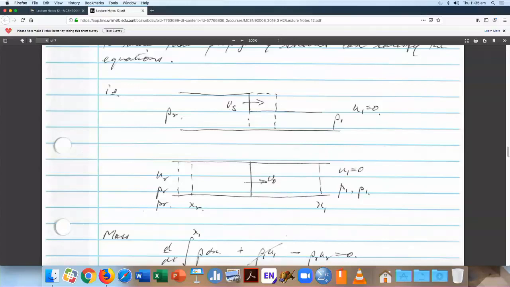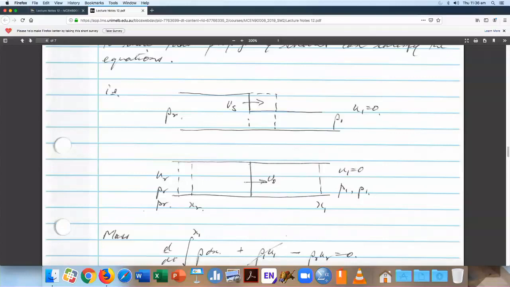But I'm going to imagine that I could set up a case somehow where I could drive a shock wave with a speed us into this flow that's not moving. So the shock wave is going to move with a speed us.